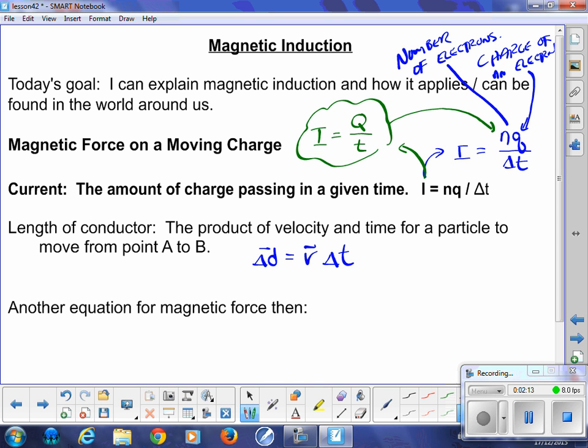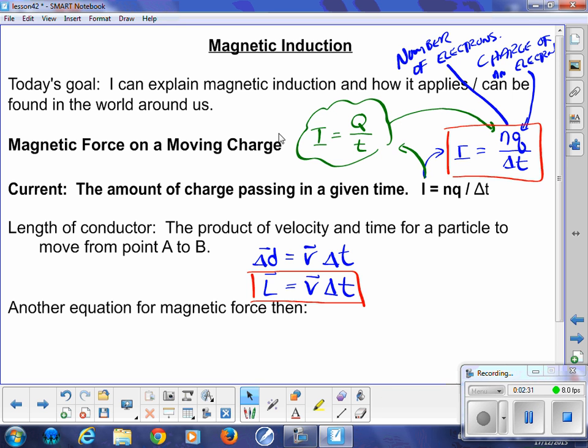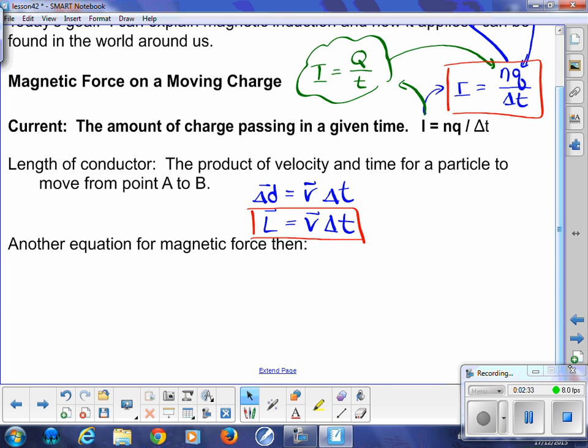I'm just going to change the notation, so I'm going to write L instead of delta D. So the length of the conductor is equal to v delta T. I'm changing the notation; it's the same formula, just in a bit of a different format.